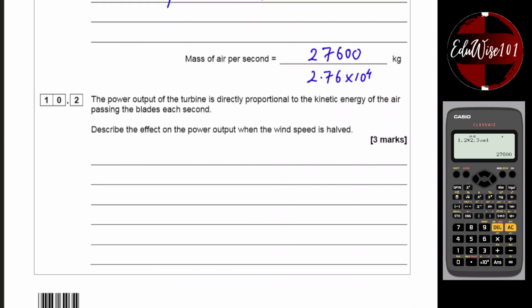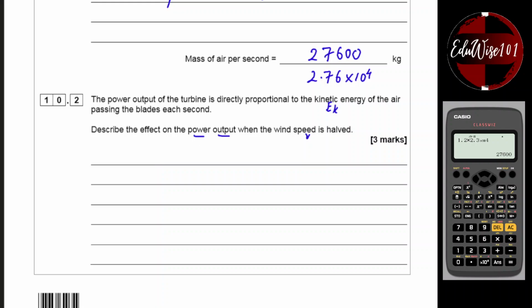Question 10.2. The power output of the turbine is directly proportional to the kinetic energy, or EK, of the air passing the blade each second. Describe the effect on the power output when the wind speed is halved. So if the speed is halved, what happens to the power output? Now, you have to link two equations here.